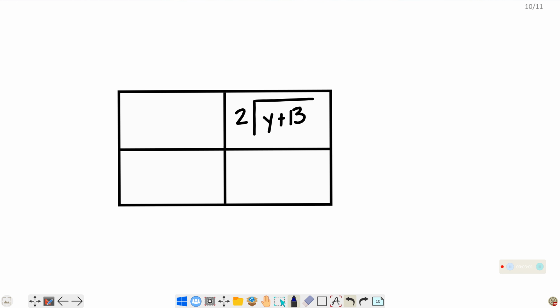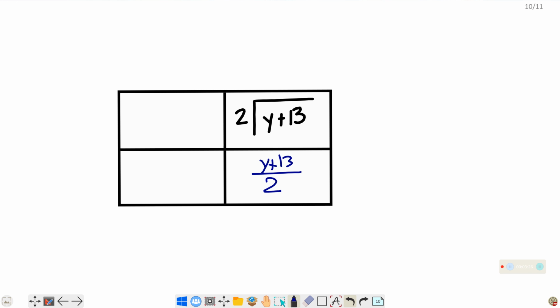Okay, since there is a y plus 13 inside the bar, you'd have to go there. Then since the 2 is on the outside, it's going to have to go onto the bottom. And then on the top would be y plus 13.